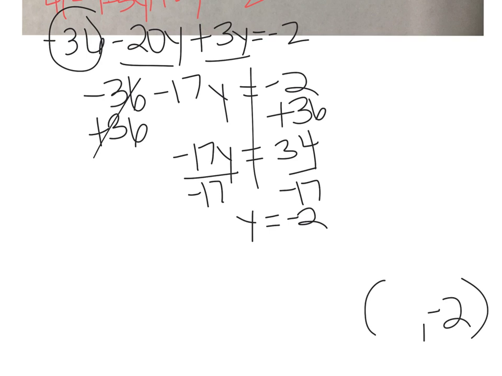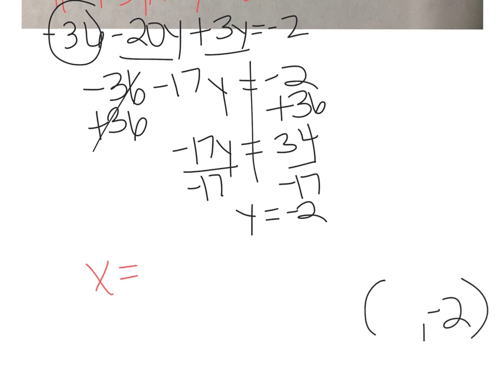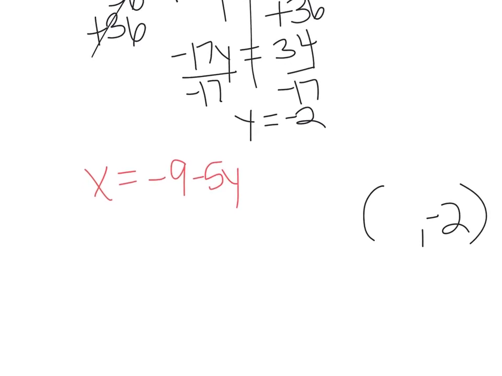Well, now that I know y, I'm going to plug it into that x equals equation, because x, remember, equals -9 minus 5y. But I know the value of y now. So let's plug that value of y in so I know what x is.